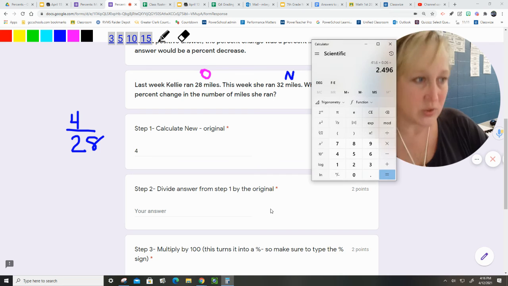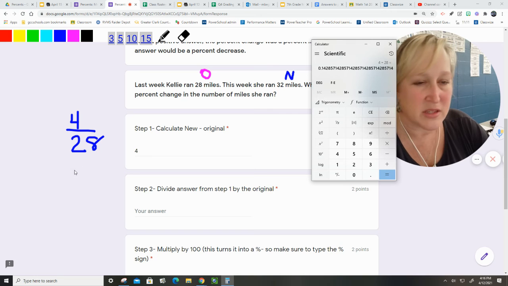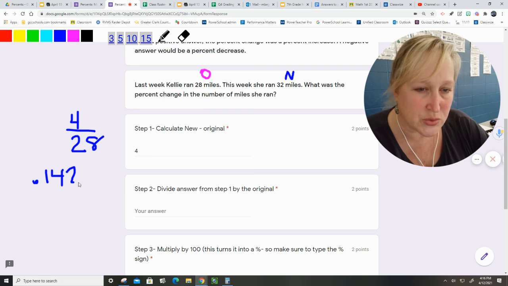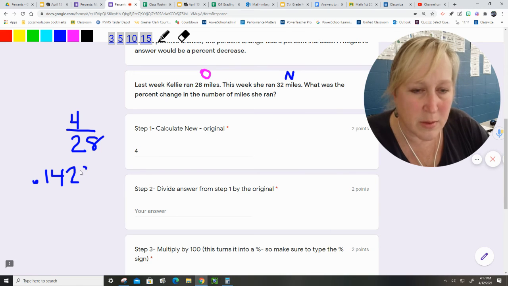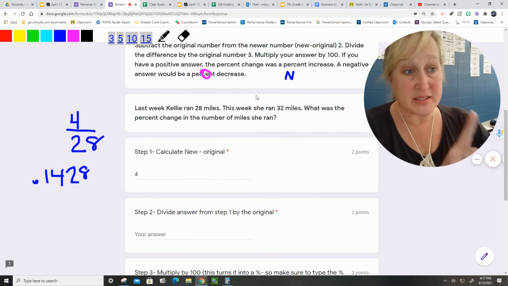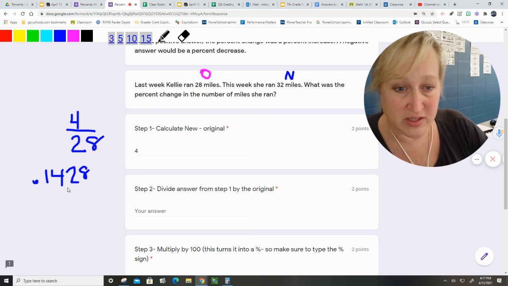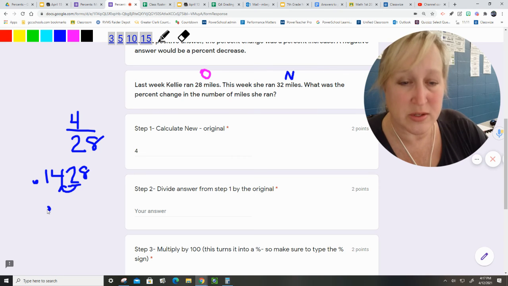So 4 divided by 28 equals a very yucky number. This, in case you can't read it, says 0.142828. But I'm remembering that it says I can only go to two digits. So I'm going to round this.